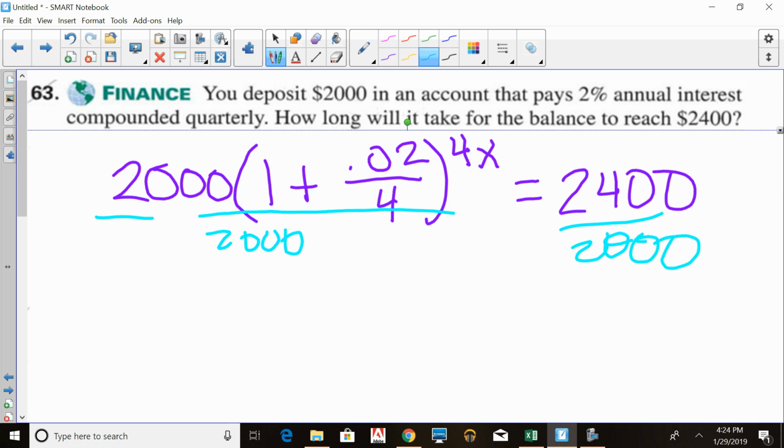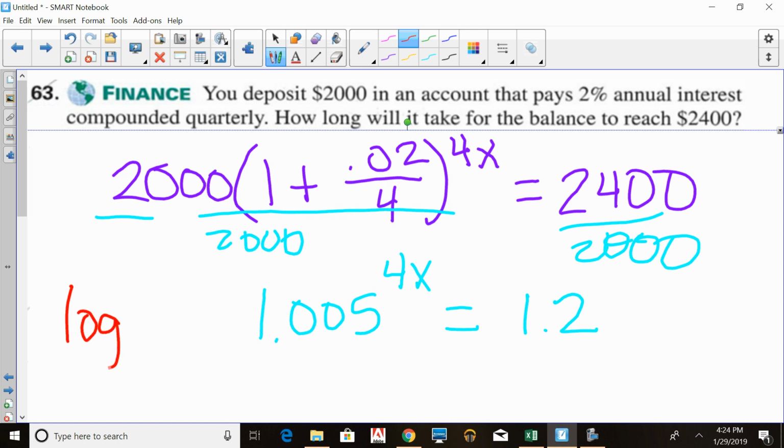So then we have, let's see, 0.02 divided by 4 is 0.005. So we have 1.005 to the 4x equals 1.2. And then to get rid of this 1.005 base, we have to take log base 1.005 of both sides.